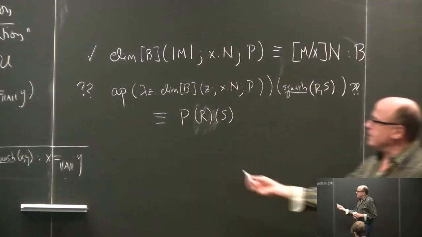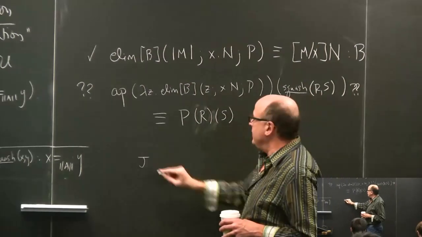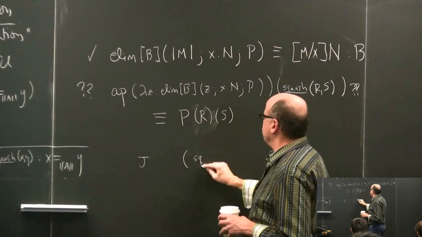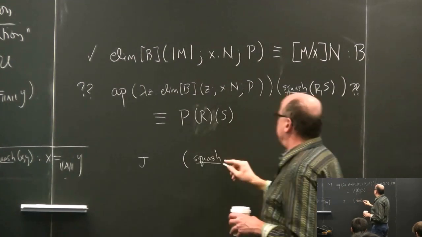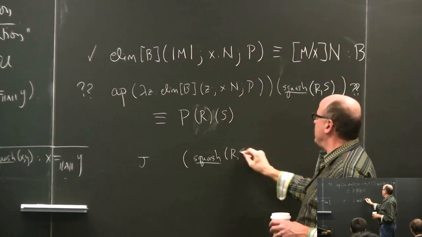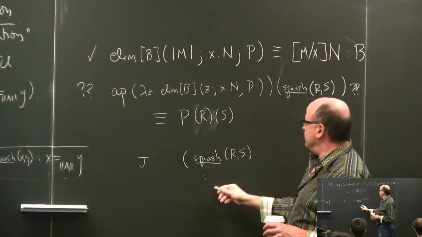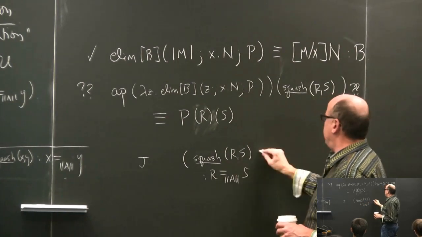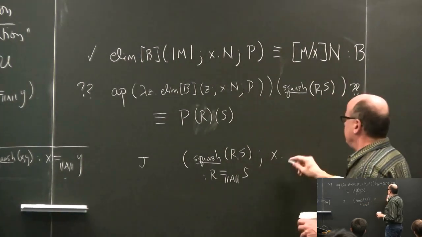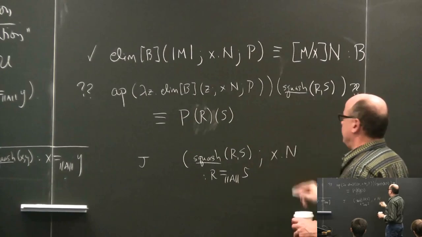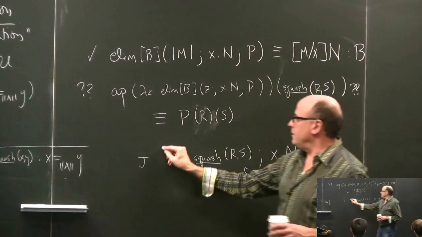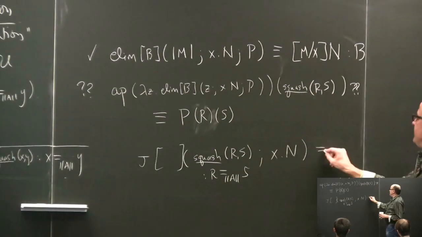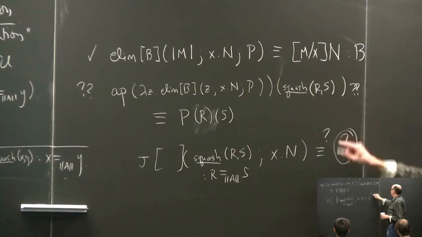Another way of saying it, which comes down to the same thing if you work it out, is if you're doing a J and the argument is a squash, it's really going to amount to the same thing. And if I do a squash RS, so where is this? This is an inhabitant of R equals S in the truncation of A, okay, and I then have my x dot n, which was the typical thing for J, and I have the motive, which I typically write here. The question is, what should that be definitionally equal to?